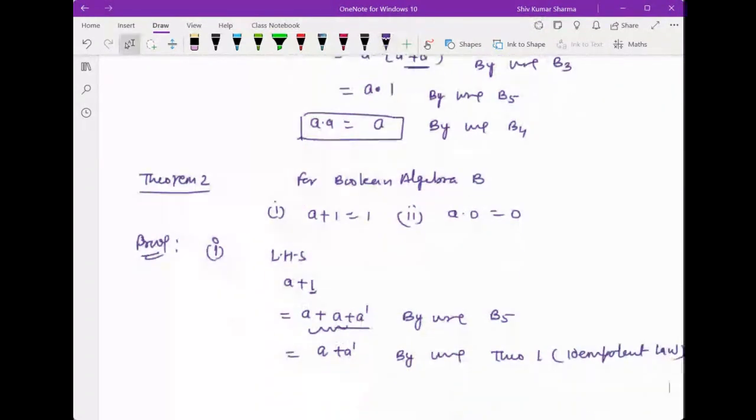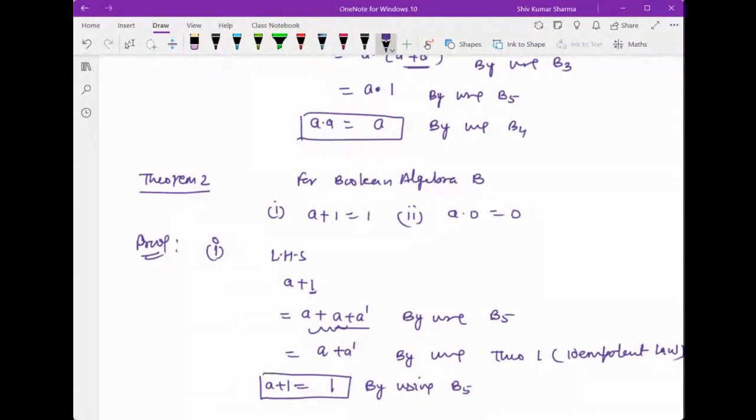Here we have A plus A complement, which equals 1, again by using B5. So A plus 1 is equal to 1.